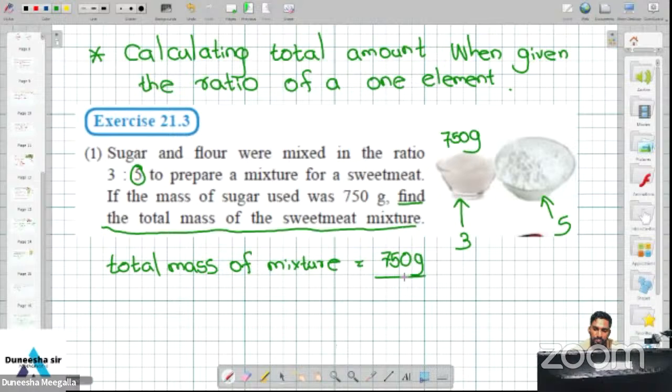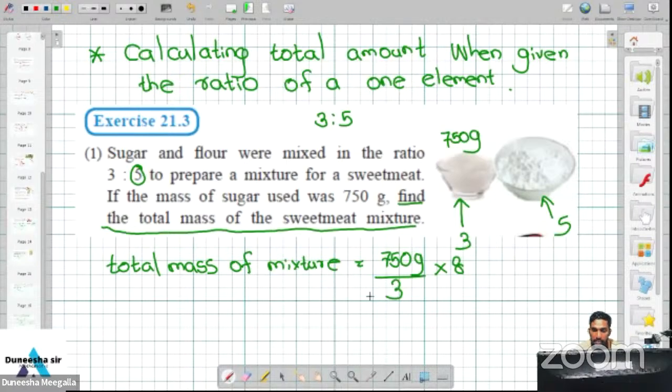What is the sugar එයාගේ ratio එක කීයද? 3. අපි ඒකෙන් divide කරනවා. දන්න එක්කෙනාගේ එක එයාගේකෙන්ම divide කරනවා. multiply කරනවා. What is the total of the summation? Summation එක ratio එකේ summation එකෙන් multiply කරනවා. What is the summation of the ratio? 8. අපි 8 වලින් multiply කරනවා.